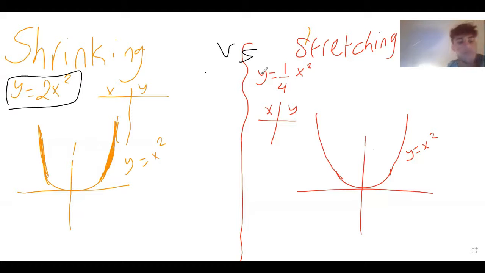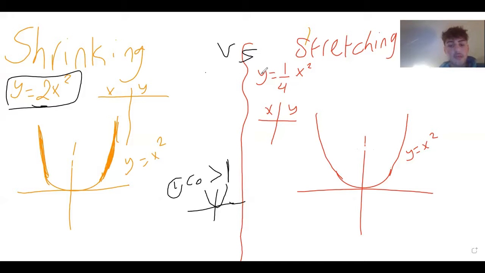Why did I pick y equals 2x squared? The condition for shrinking to occur is that the coefficient multiplied by x squared has to be greater than 1. If the coefficient is greater than 1, then the graph is obviously going to be increasing faster in the y direction than in the x direction.